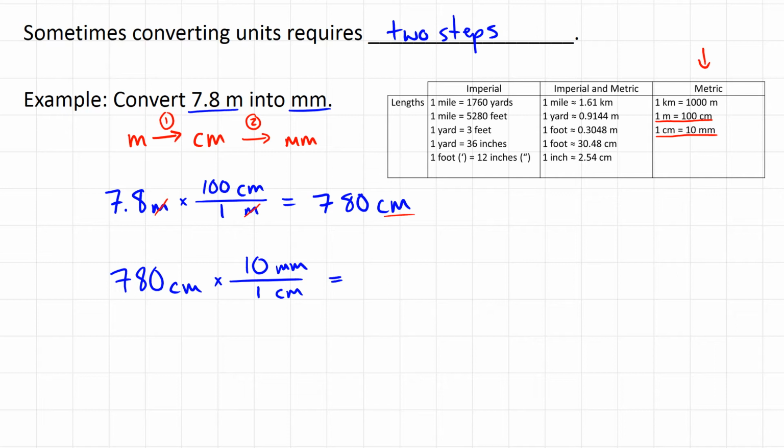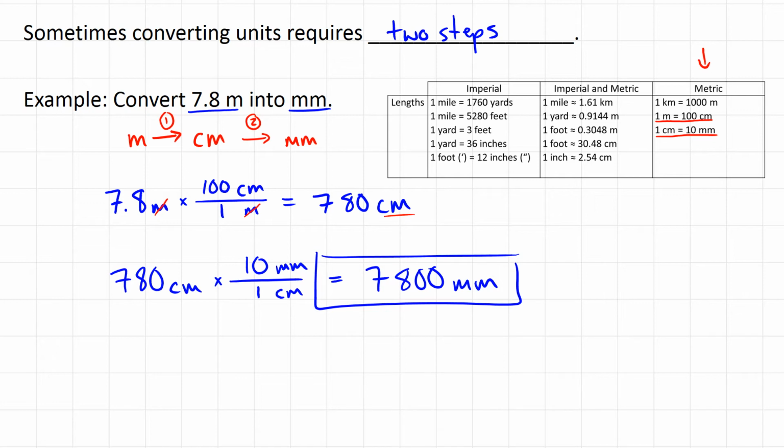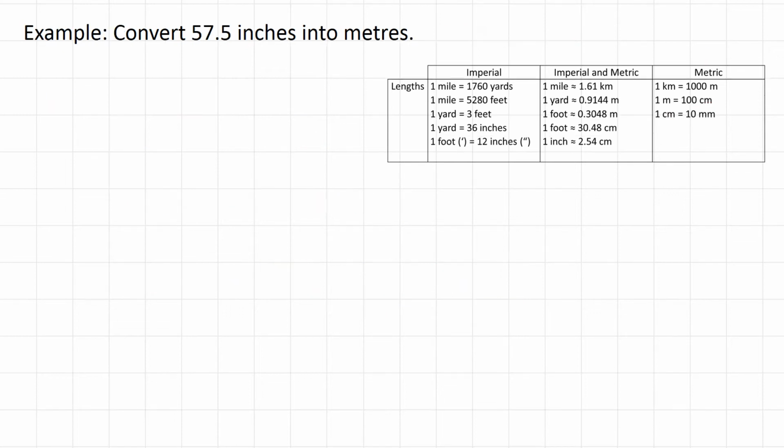So we have 780 times 10. That's 7,800 millimeters. And so we're using the exact same math and strategies that we used before, only instead we had to do this conversion in two steps because there wasn't a direct link between the two units.